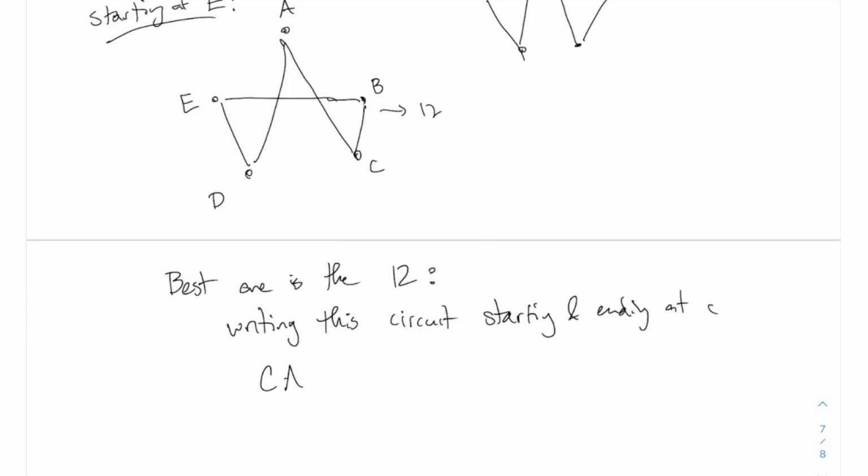I'll go C up to A first, and then it's D, E, B, C. That's that circuit written as if it starts at C. Or you could go the other way around. Then it would look like C, B, E, D, A, C. All right?